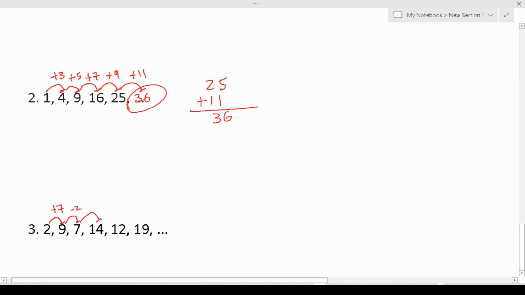To go from 7 to 14, we add 7. To go from 14 to 12, we subtract 2. To go from 12 to 19, we add 7. So I know to go from 19 to the next term in this sequence, we're going to subtract 2. 19 minus 2, of course, is 17. So I know the next term in this sequence is 17.